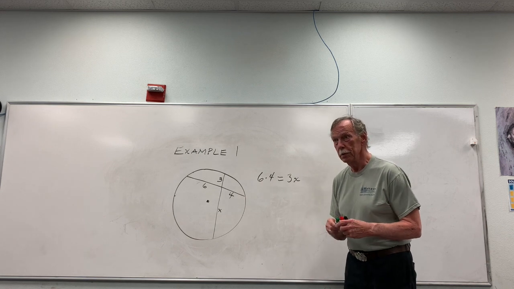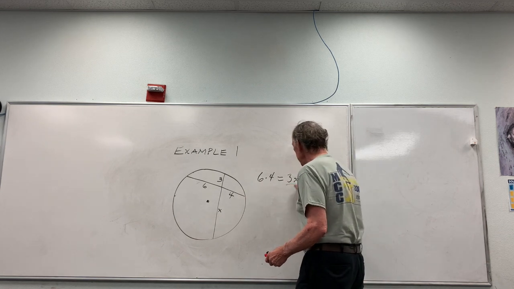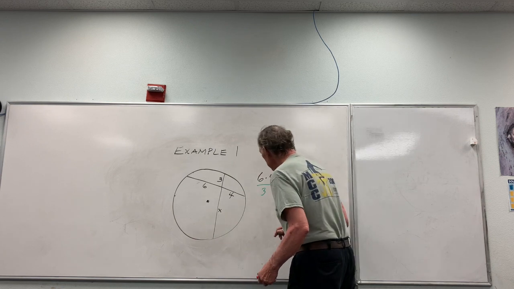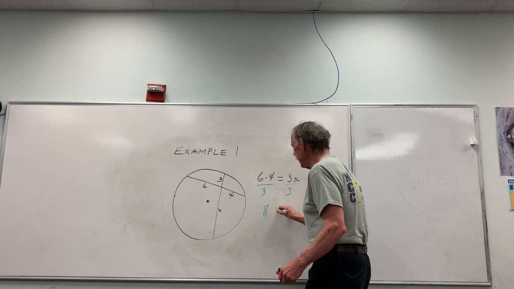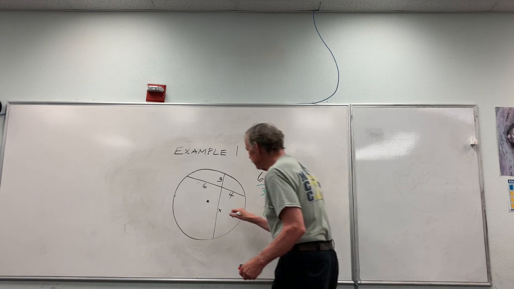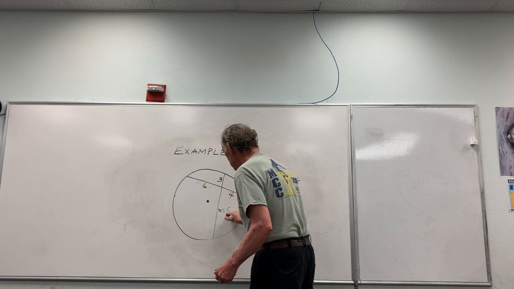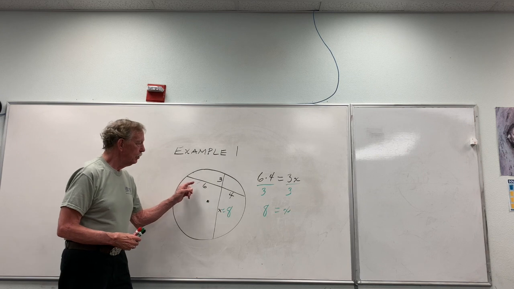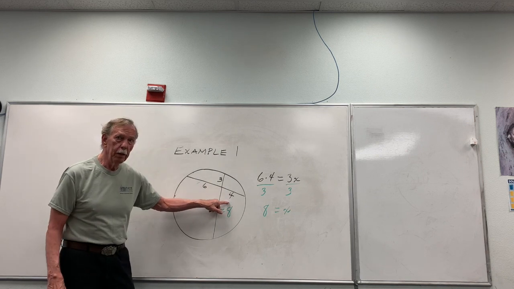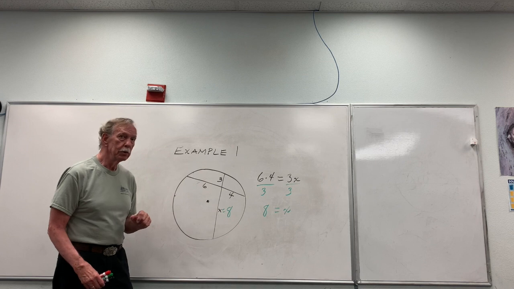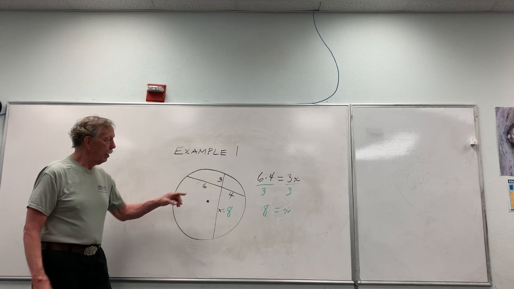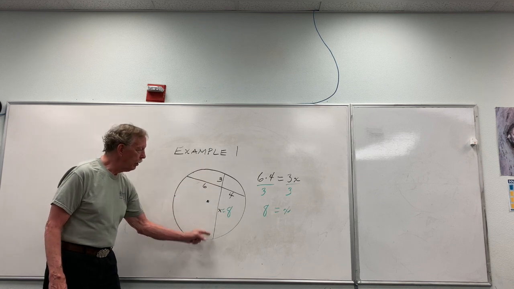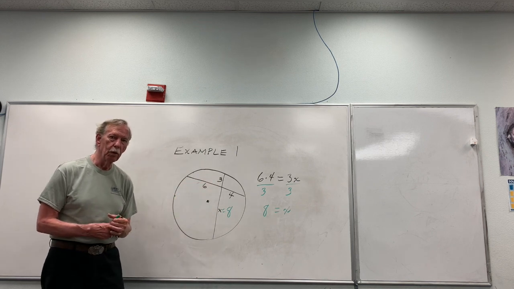To solve this, we'll divide both sides by 3, and discover x is 8. Quick check. 6 times 4 is 24. 3 times 8, 24. The product of the pieces of one chord equals the product of the pieces of the other chord.